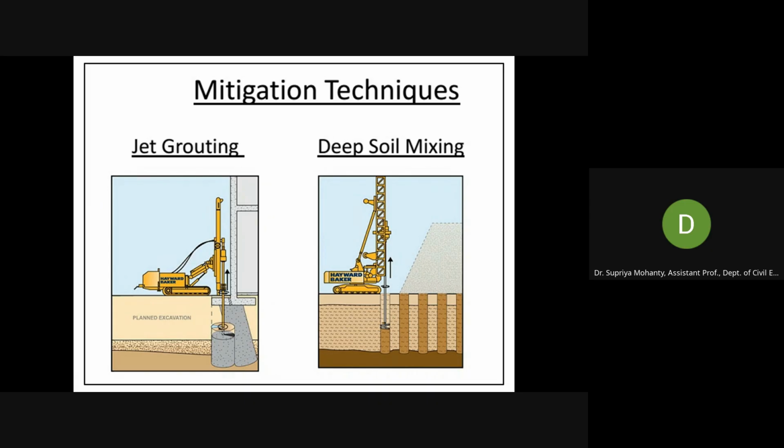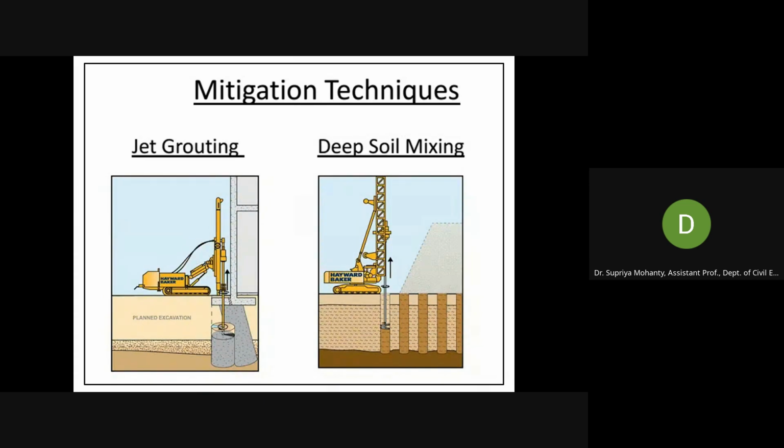Once you have applied the appropriate technique, after the improvement you again need to perform field tests like SPT, CPT or DMT and Vs, any one of the tests. After improvement you check the change in the profile, like the resistance value and CRR value. Then you can recalculate the factor of safety against liquefaction.